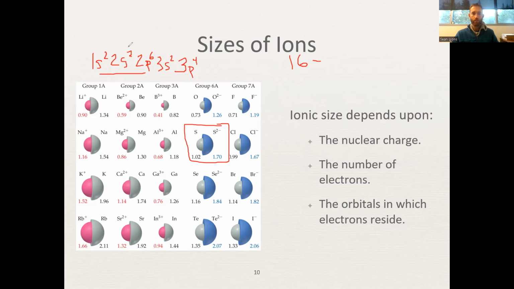So we've got 2, 2, plus 6 gives us 10 total. And again, for the neutral atom, the effective nuclear charge is just going to be equal to the number of valence electrons it has.